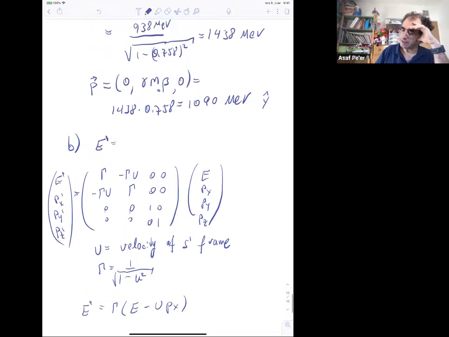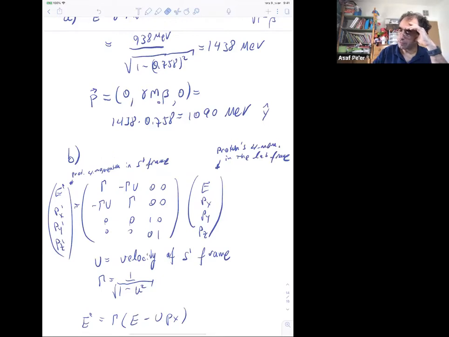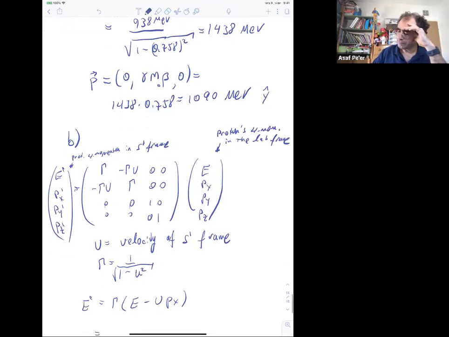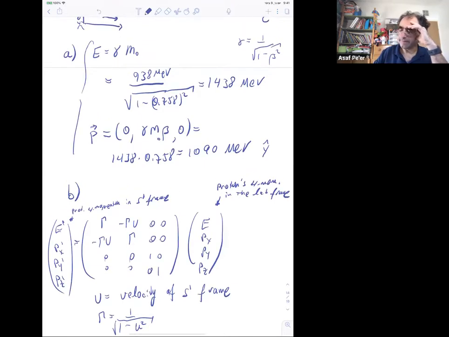And this is the proton's four-momentum in the lab frame, and we want the four-momentum in the S prime frame. We calculated the four-momentum in the lab frame here in part A.